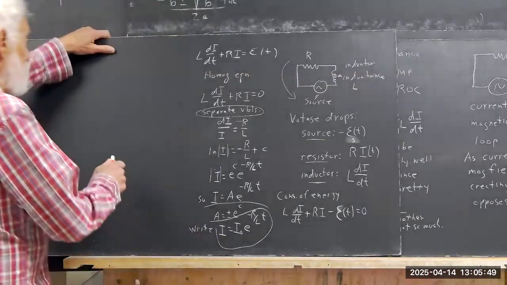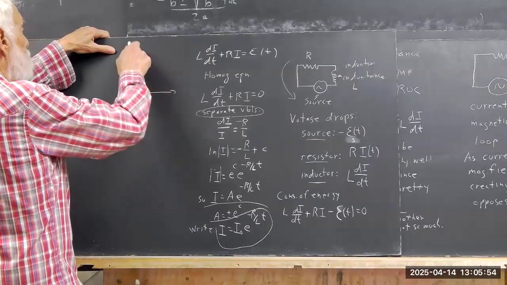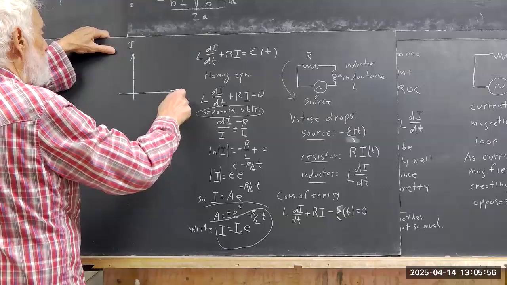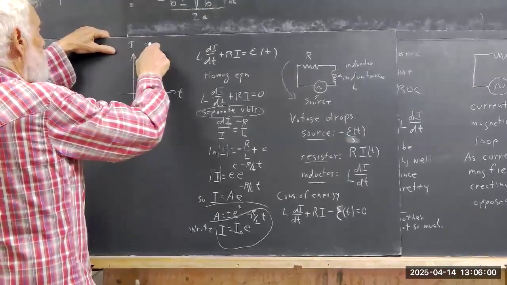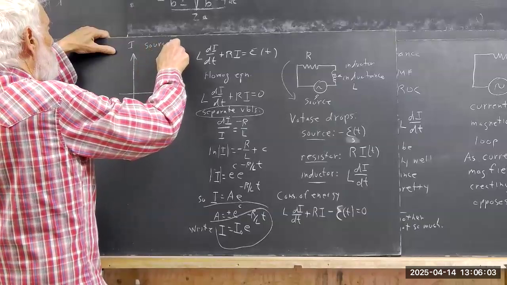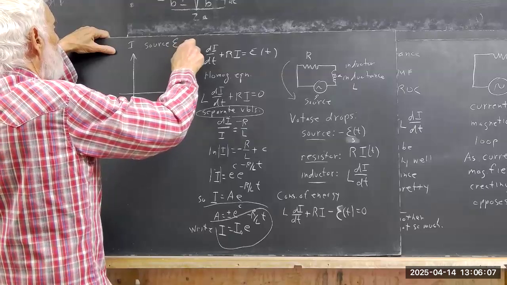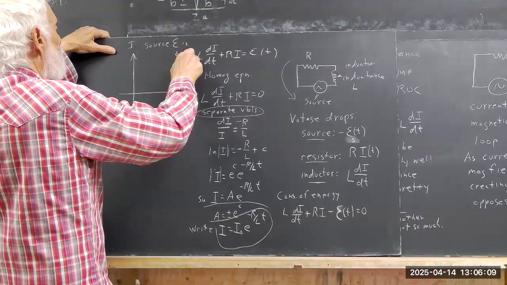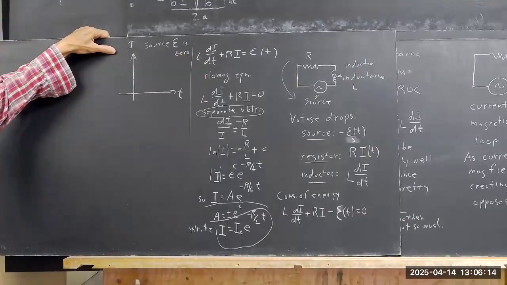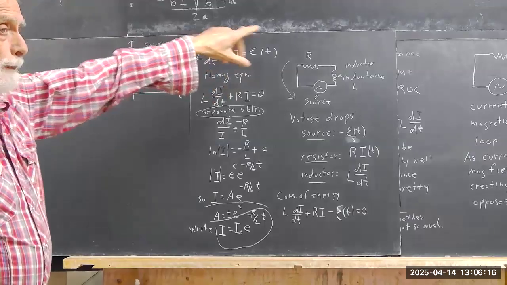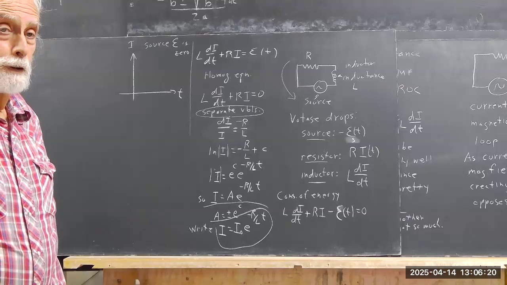What does a graph of current versus time look like? Source EMF is zero. But one way or another, you've got a current in this configuration.